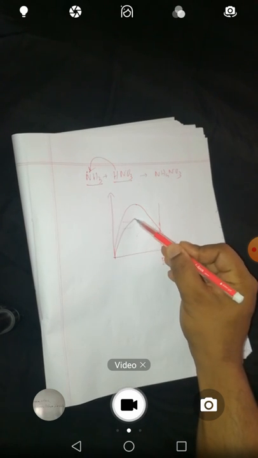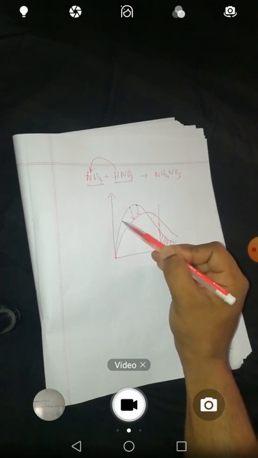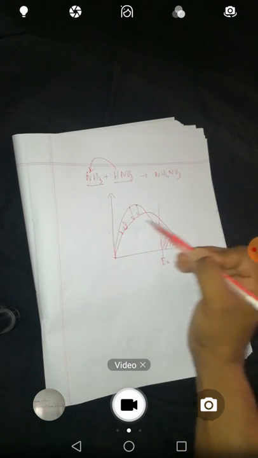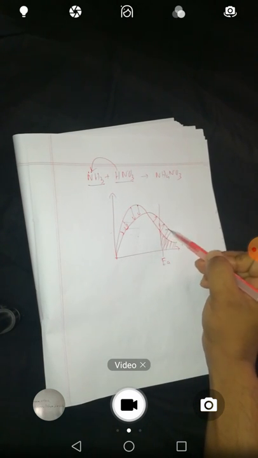So the curve shifts like this. Look, the area of the unreactive molecule region has decreased, and the area of the reactive molecule region has increased.